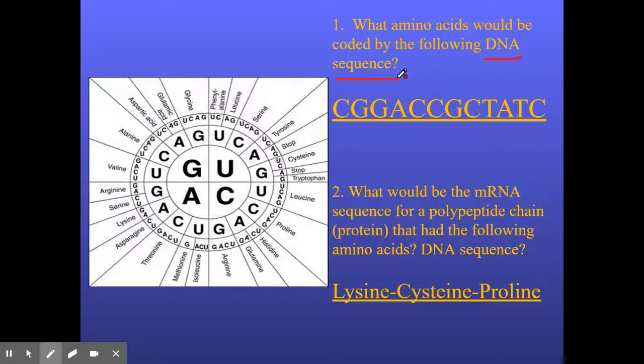Because if it's DNA, what do I got to do first? I got to convert it to mRNA, don't I? Kind of wanted you to run into that wall on purpose. So because this is DNA, you have to convert it to mRNA and then use the codon chart, okay?